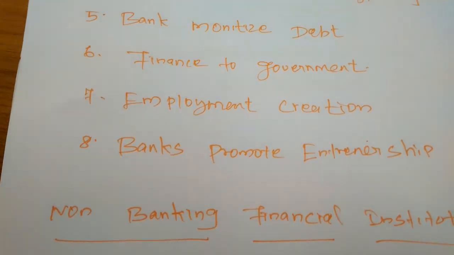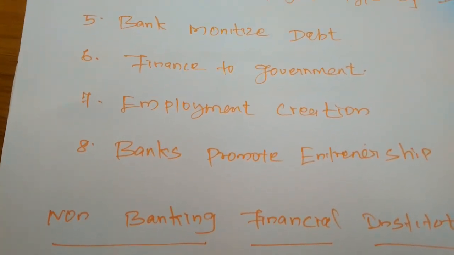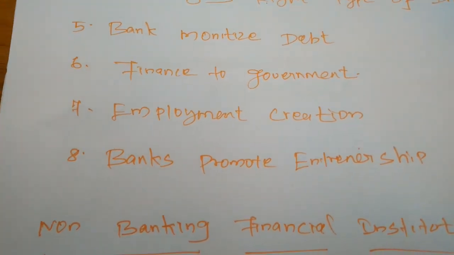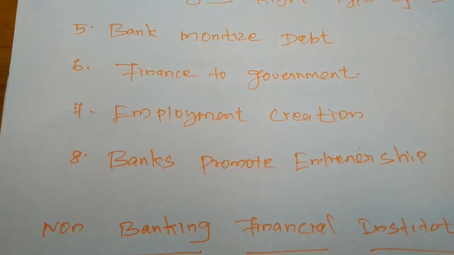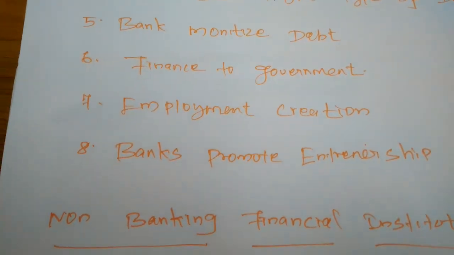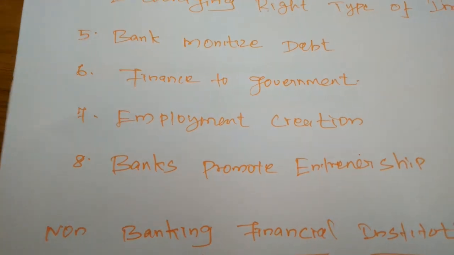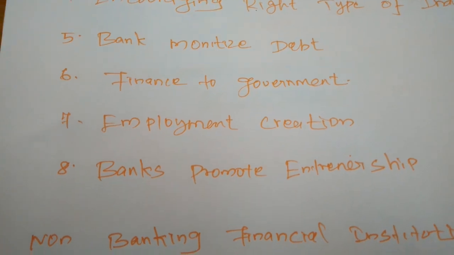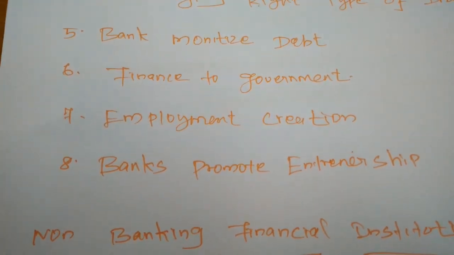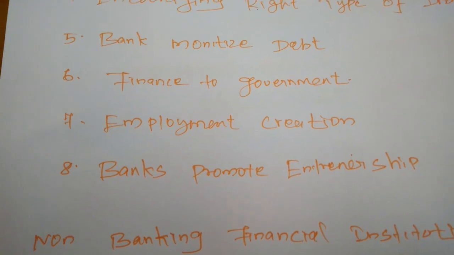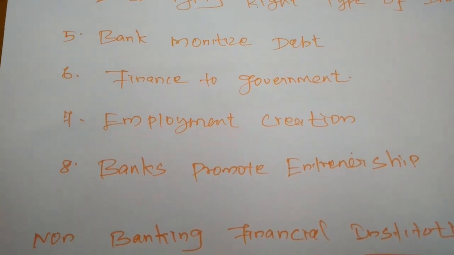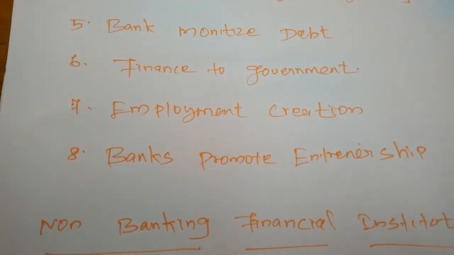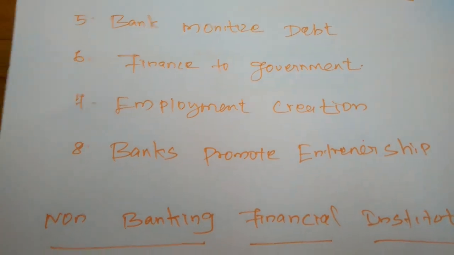Whenever the number of industries increases, more unemployed persons will get employment opportunities. And this banking sector also requires many employees and skillful persons. So because of that, many educated persons are getting employment opportunities. In these two ways, employment opportunities will be created by the banks.